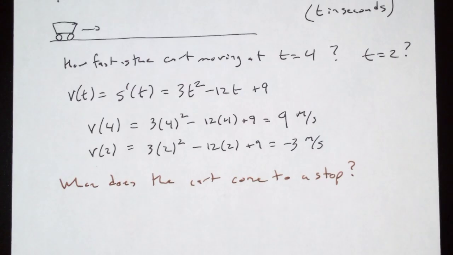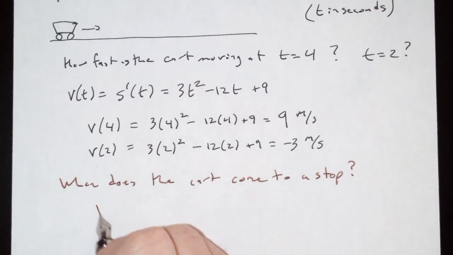Because if my velocity is 0, I shouldn't be moving. If I'm not accelerating, then I'm going to be moving at a constant speed. Force equals mass times acceleration. If no acceleration is acting on a body, it remains at the speed it was going, right? A body at rest remains at rest. A body in motion stays in motion. The other one of Newton's laws. So I need where my velocity is 0.